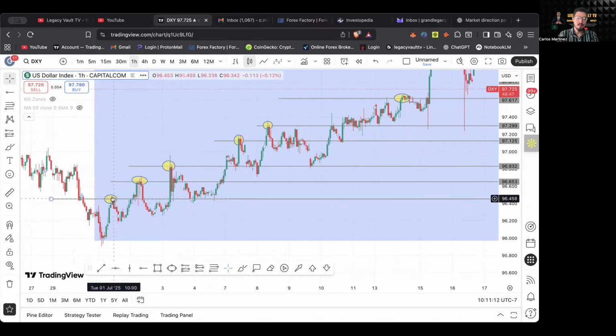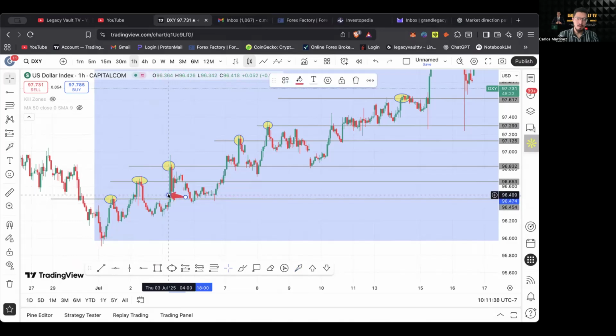This high broke above and created a higher high. It broke above this price level here to create a new level and a new higher high. It created a new higher high and eventually came back down to retest and broke above again and created a new higher high.